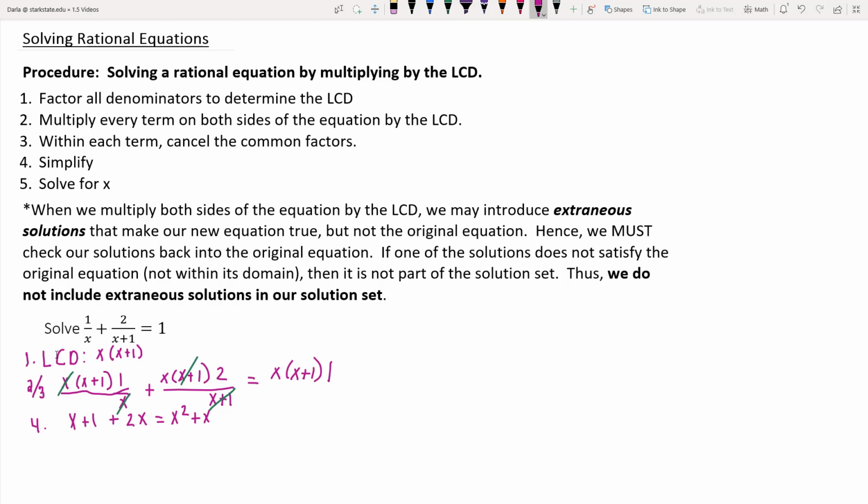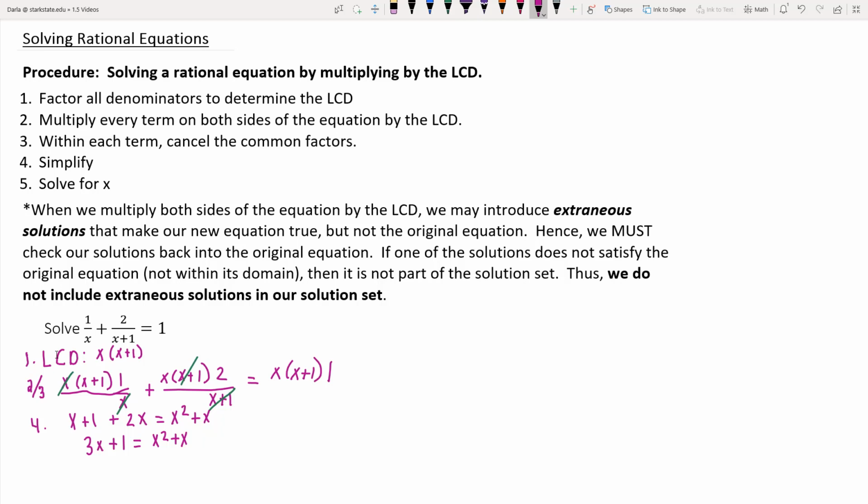So then go ahead and combine any like terms that you have. So we'd have 3x plus 1 on the left hand side, and then x squared plus x on the right hand side. And then what I would do is I'd go ahead and move everything to one side.